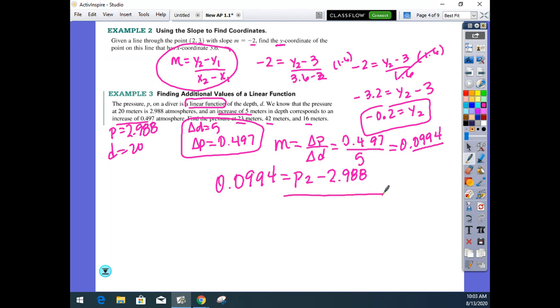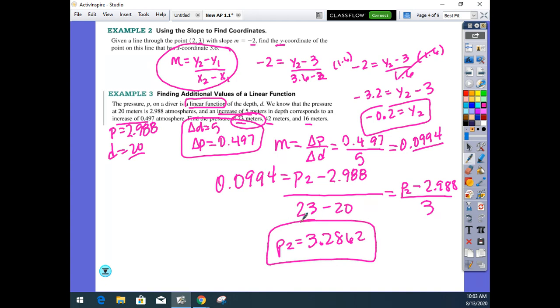And we're looking at it when it's 23 meters, and this is when the depth is 20. So this is 3. Multiply both sides by 3 and solve for our P2. Doing your math. You should get the first P2 at depth 23 meters to be this.